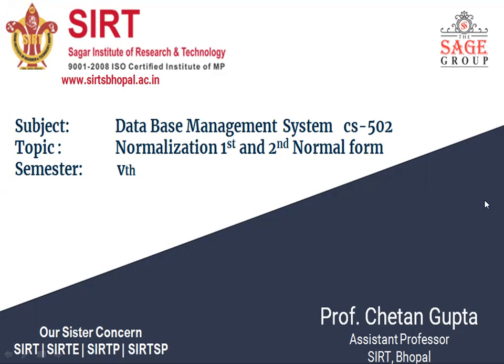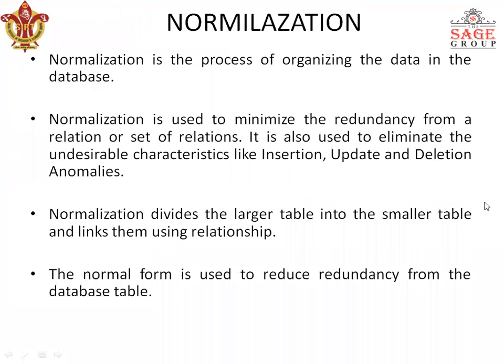So start with the definition of normalization. Basically, normalization is a process of organizing the data in the database. Normalization is used to minimize the redundancy from a relation or set of relations.